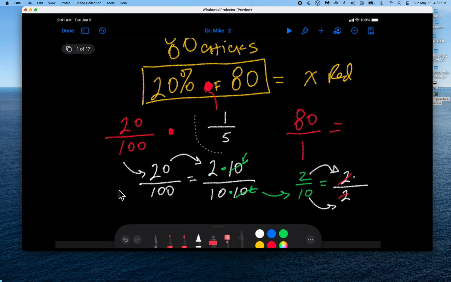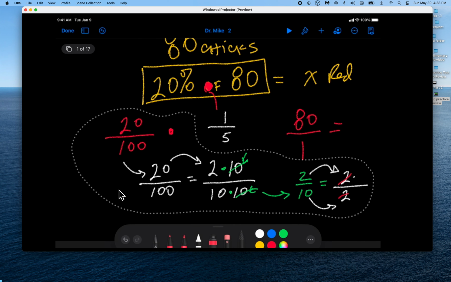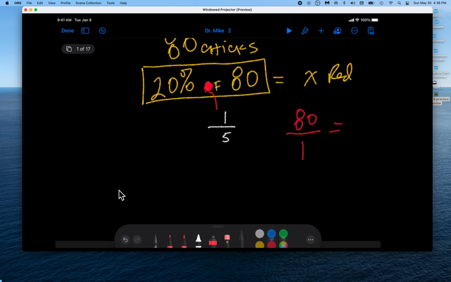Okay, so let me get rid of this. Folks, if you can learn how to break down fractions like this, I think your mathematical career will be a lot easier. Okay. So again, when we have this, you can multiply straight across and get 80 over 5 and then do division.